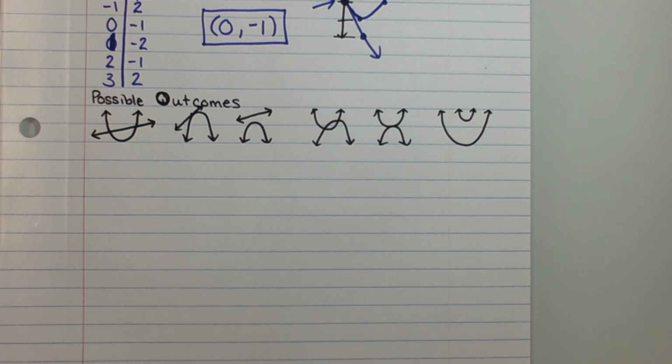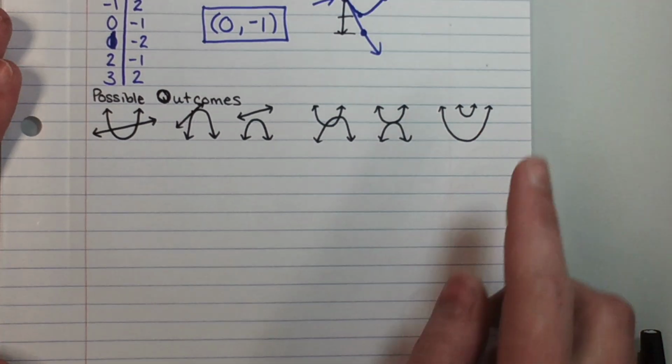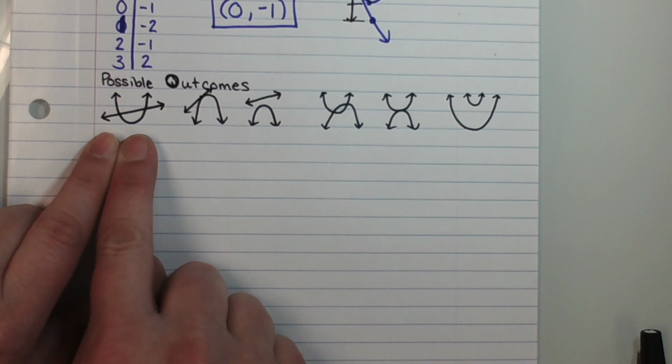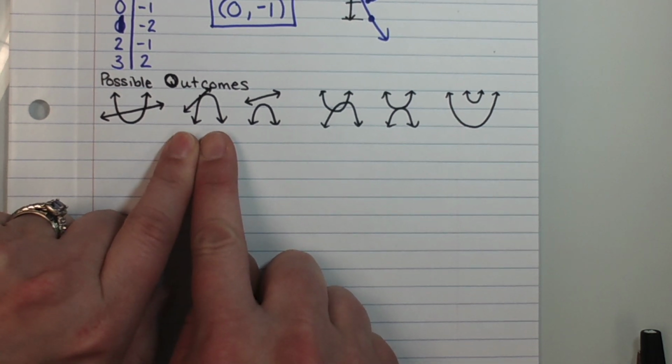But the point I'm trying to get at is, how many possible solutions are there? If this was my graph, how many solutions are there? 2. If this is my graph, how many solutions are there? 1, because there's one intersection point.